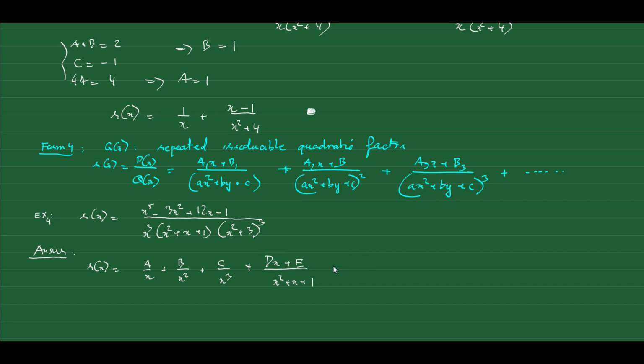Then Fx plus G, irreducible, repeated, over x squared plus 3, Hx plus I over x squared plus 3 squared, Jx plus K over x squared plus 3 raised to the 3rd.